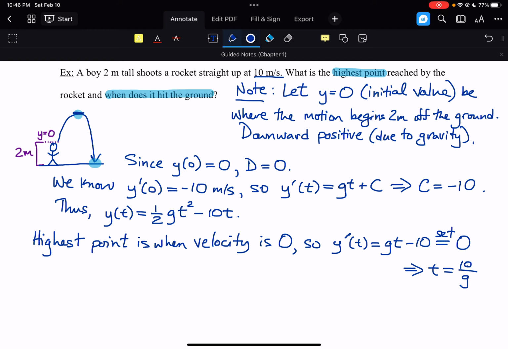This would be the time at which it has reached its highest point, but it wants to know what is the highest point reached by the rocket. So we need to put it back into the position function to find that answer.